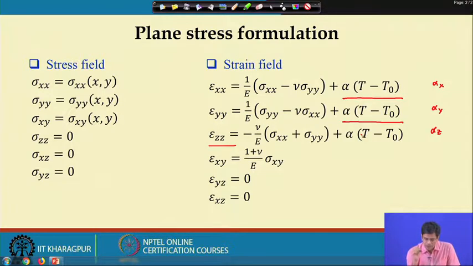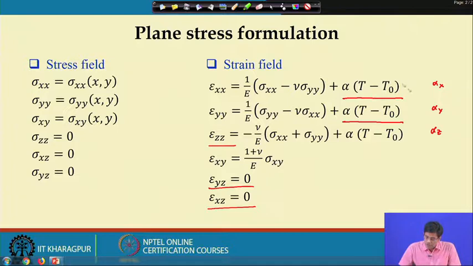Now, epsilon xy is again related through the shear modulus, how shear stress and shear strain are related. So, this is the engineering shear strain, so actually not gamma xy. So, epsilon xy is that tensorial quantity, and then epsilon yz will be 0 and epsilon xz will be 0, that we know from the earlier discussion.